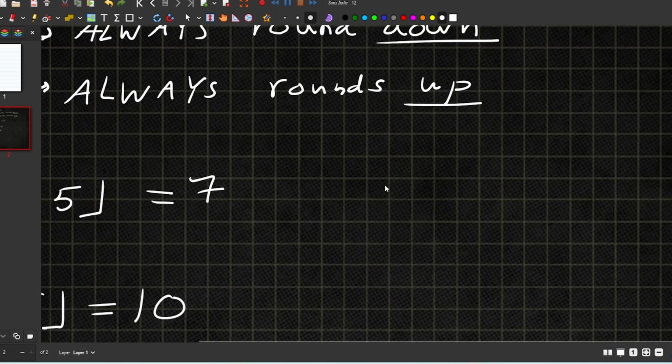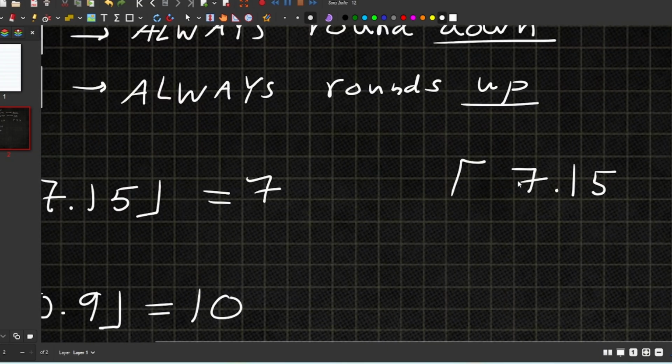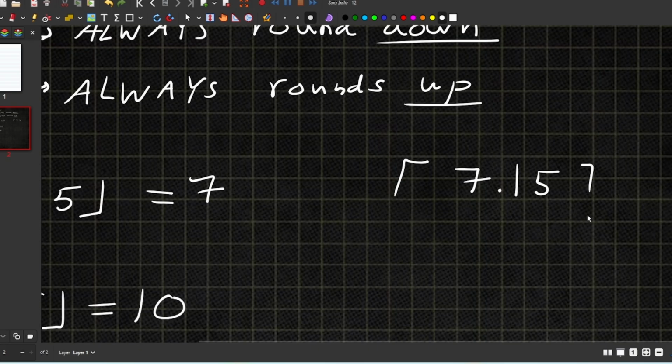Now let's look at ceilings. So let's find the ceiling of 7.5. Now we always round up, no matter what the decimal value is. You'd be expected to round down here to 7, but because we always round up, this will be 8. So just like the next integer from 7.